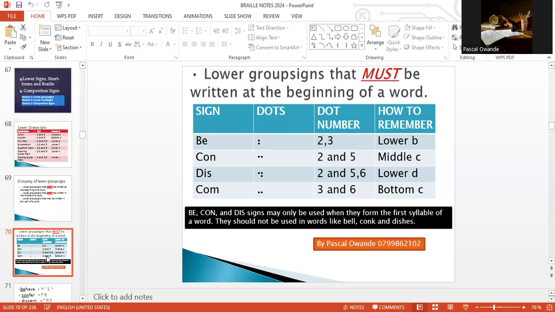Then con: continue, contrast, connect, conduit, conman, among others. We have dis: disadvantage, disorient, discontinue, disfigure, disembark, among others.